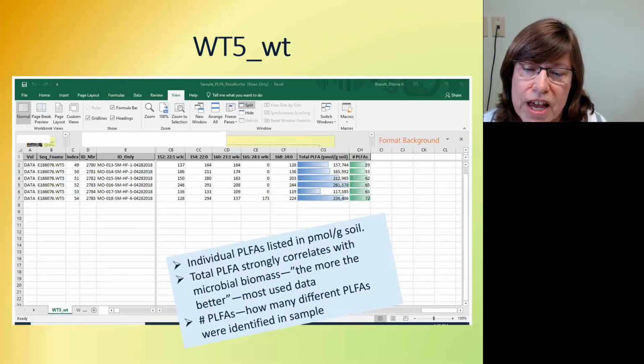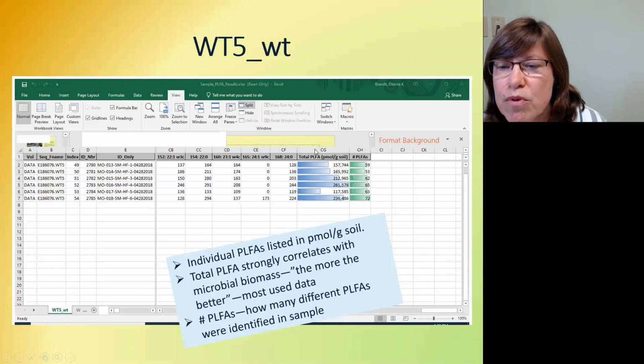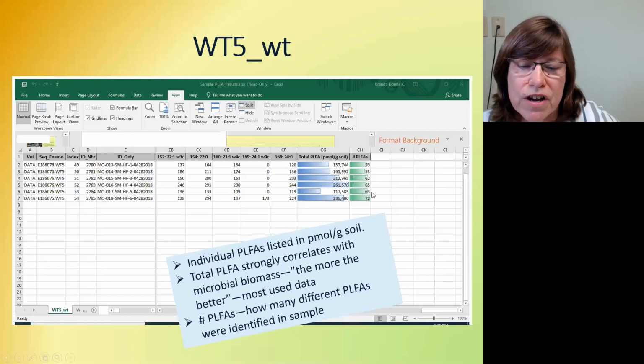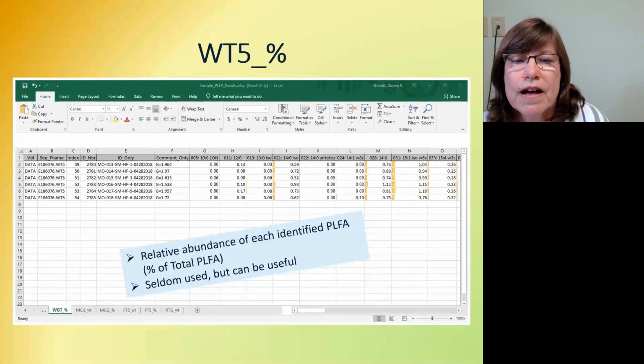That total PLFA correlates strongly with the total microbial biomass. We also give just the number of phospholipids that were found. That's just something to know. It's not a super important thing to report, but you have more information.